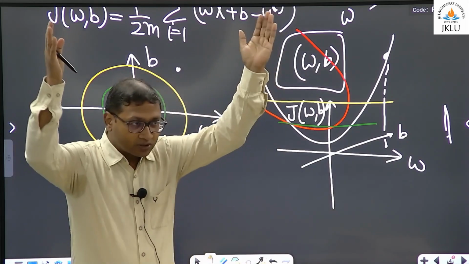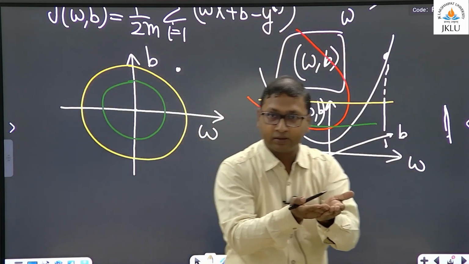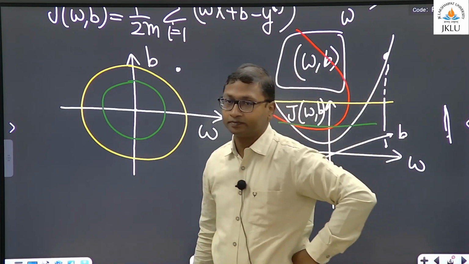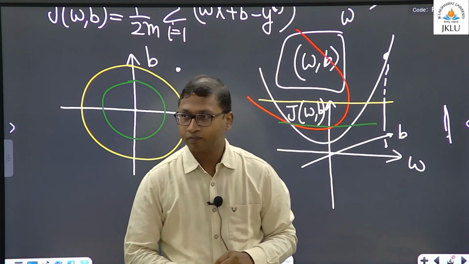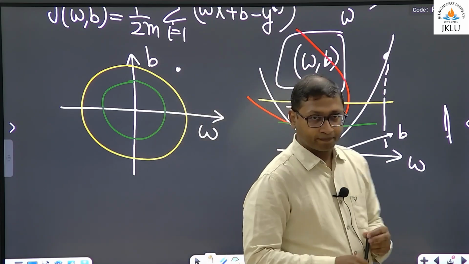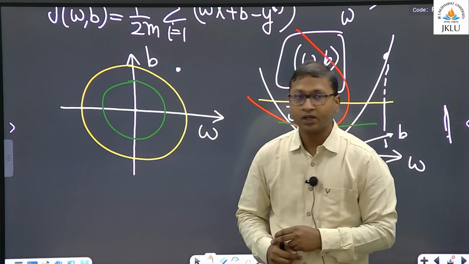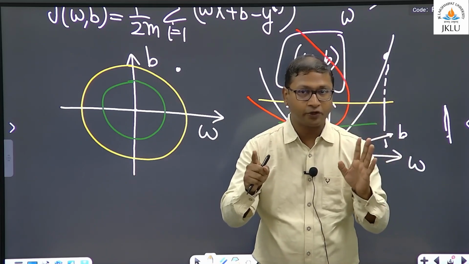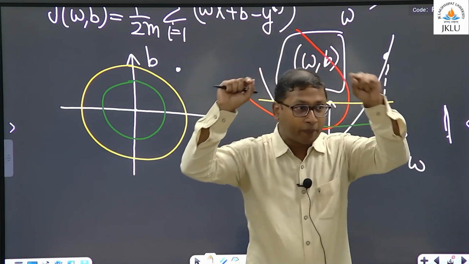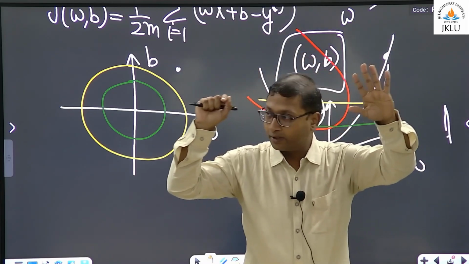By the way, on this bowl shaped function, how do I interpret gradients? What will be my slope? See, for a 1D function, what will you do? Your dy by dx will be the same as the slope at that particular point, right?